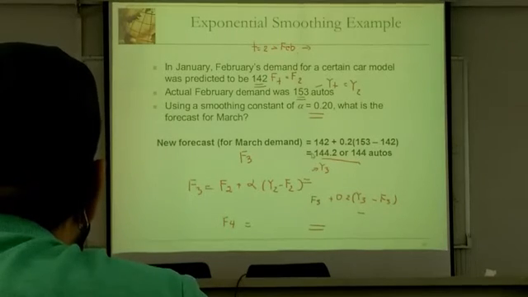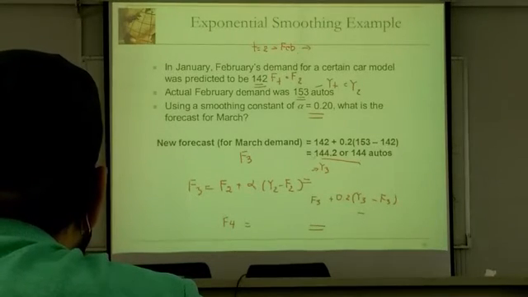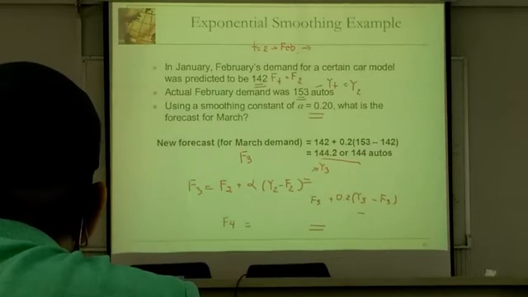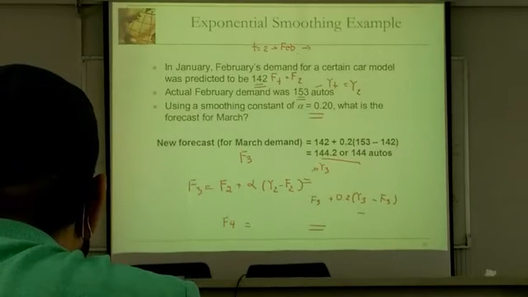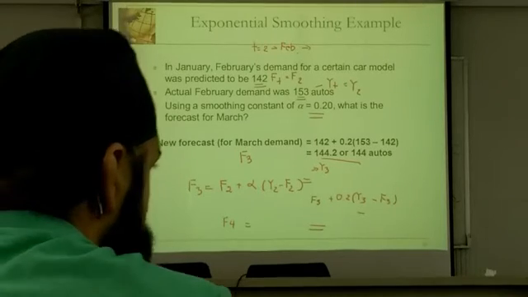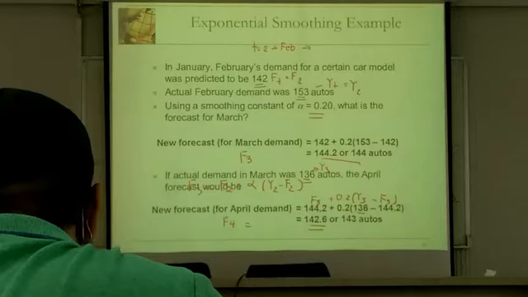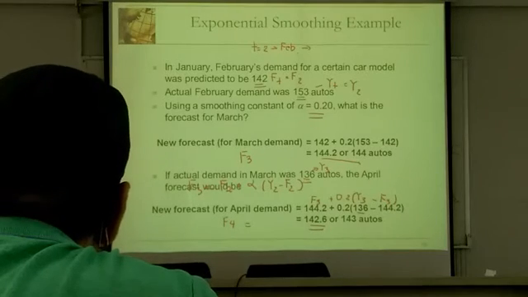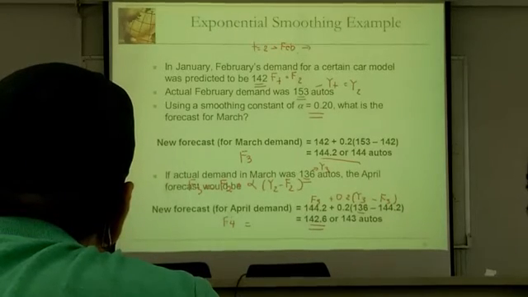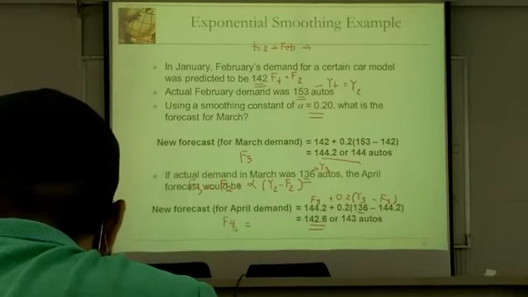And that's how you got the number. In a nutshell, F3 equals F2 plus alpha times (Y2 minus F2). And you keep going until you get it done. So this will represent your F3.